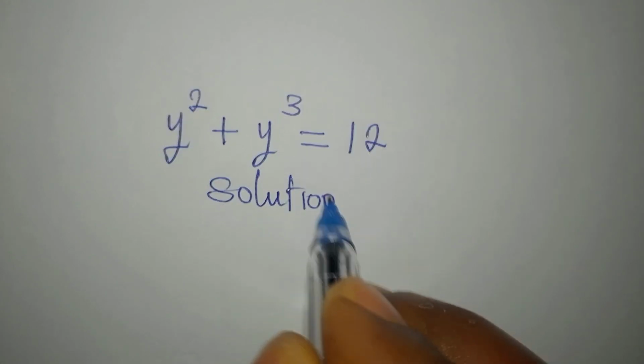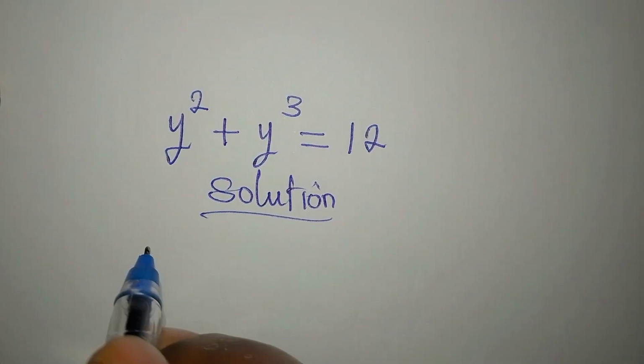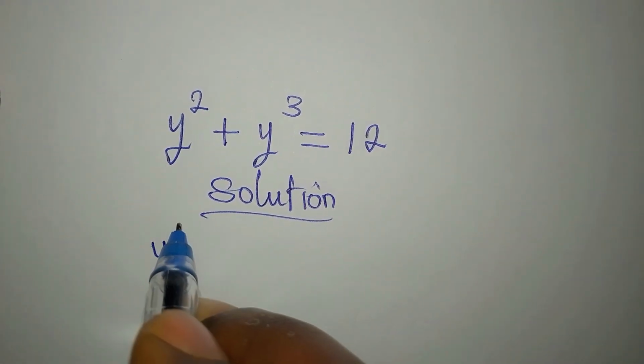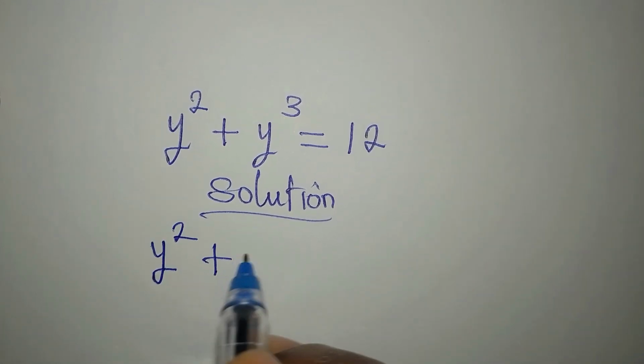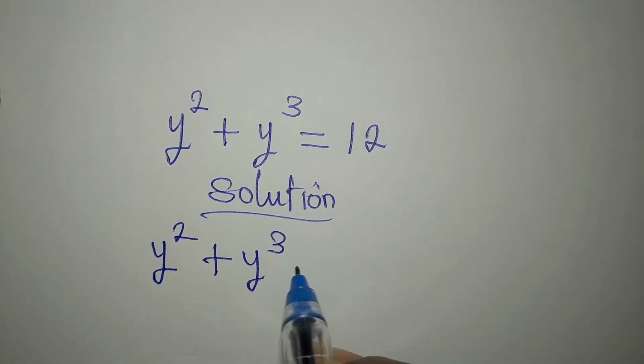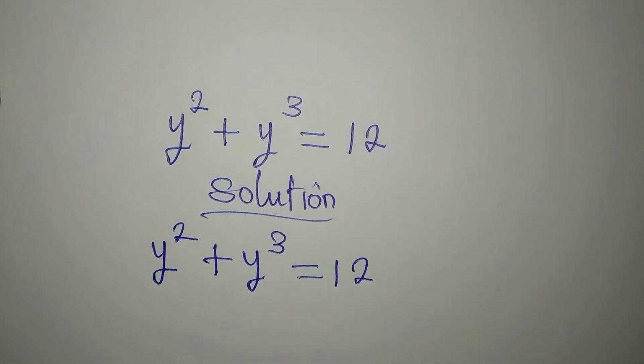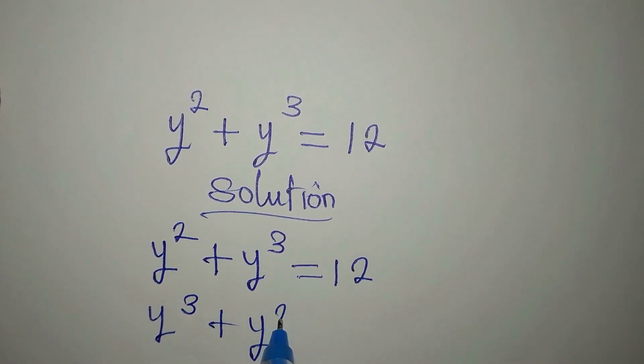Let's provide the complete solution to this problem: y to the power of 2 plus y to the power of 3 equals 12. And I want to write the one with the highest power first. So I write y to the power of 3 plus y to the power of 2 equals 12.